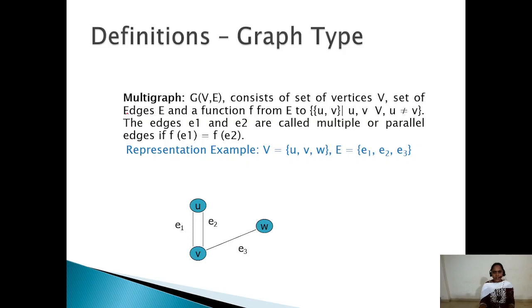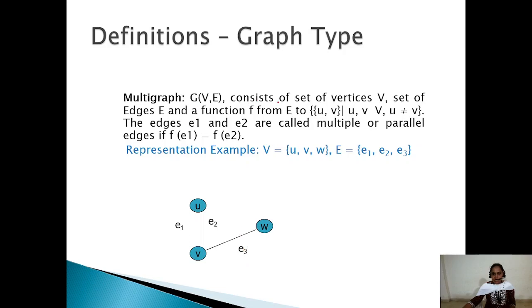Next, multigraph. What is a multigraph? See, U is connected by E1, which is one edge, to V. V is connected by E2, which is one edge, to the vertex W, and W is connected by edge E3.